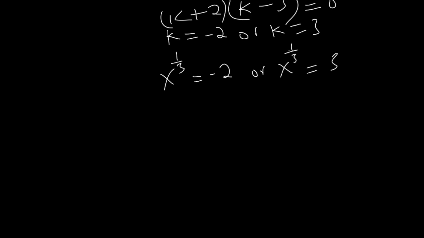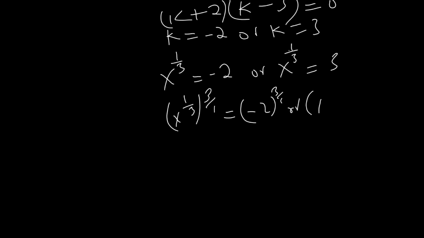So from here, you're going to multiply by the reciprocal, that is negative 2 times 3 over 1, or 3 times 3 over 1.